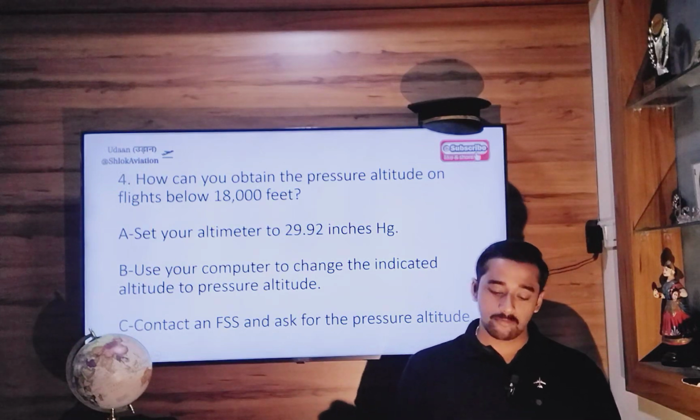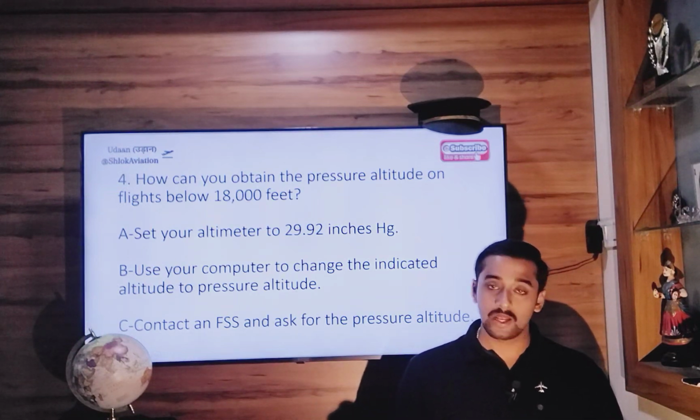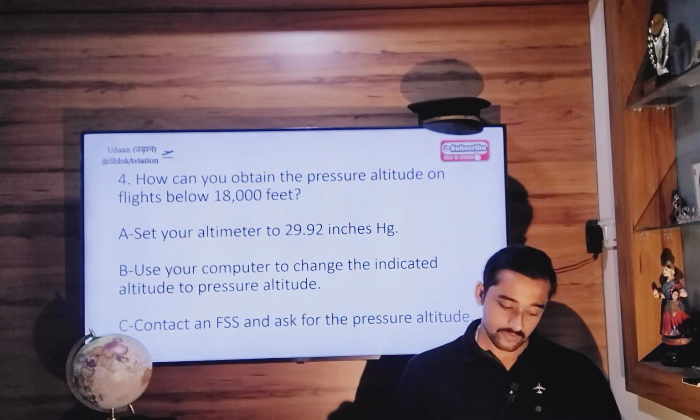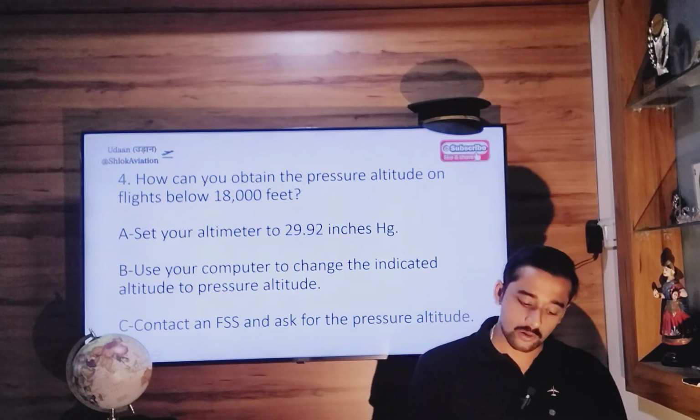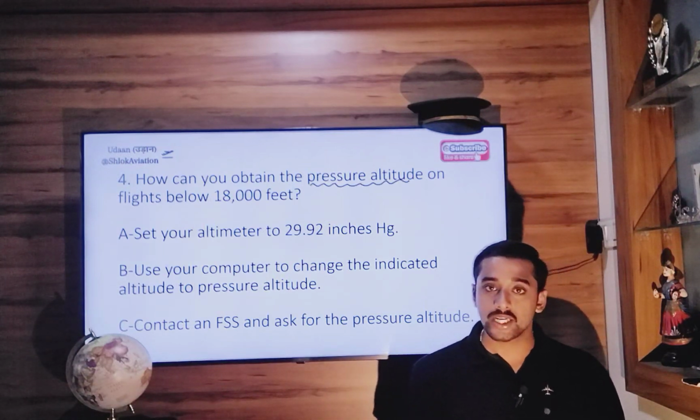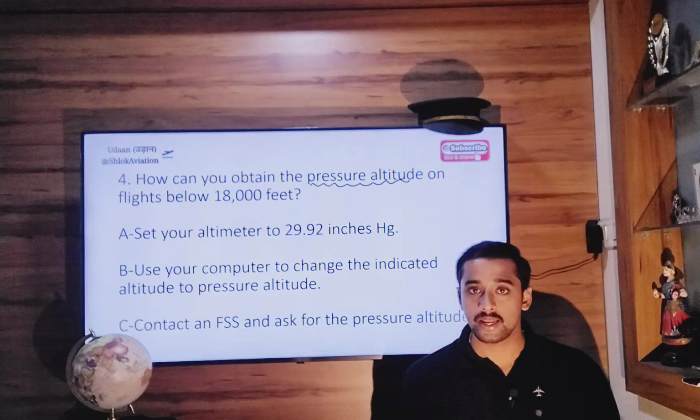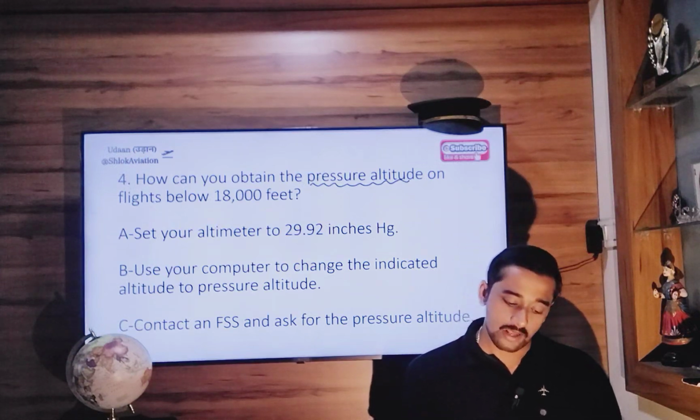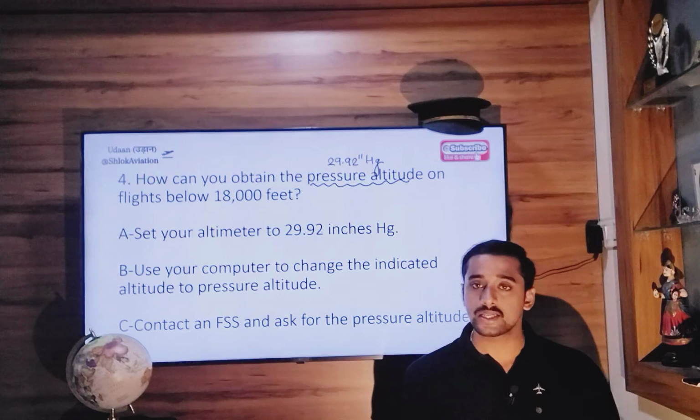Next. Question 4. How can you obtain pressure altitude on flights below 18,000 feet? Okay, so pressure altitude. Again, what is the definition? Pressure altitude is that altitude indicated by your altimeter when you set 29.92 inches mercury in your altimeter setting window.